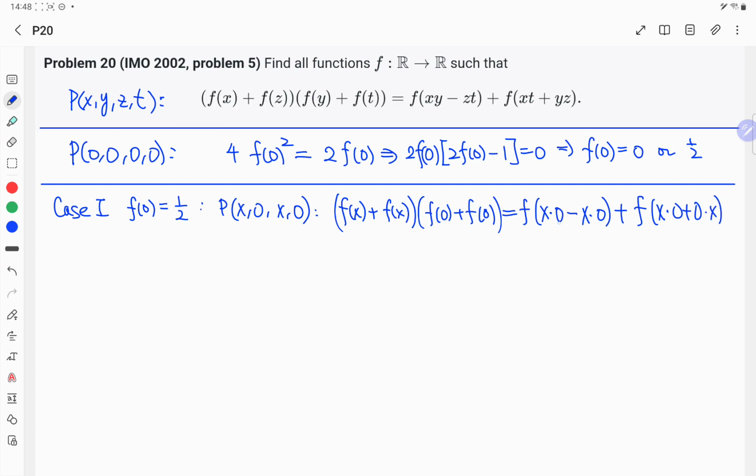We can see that this is actually 0, so the whole term will be f(0), which is 1/2.